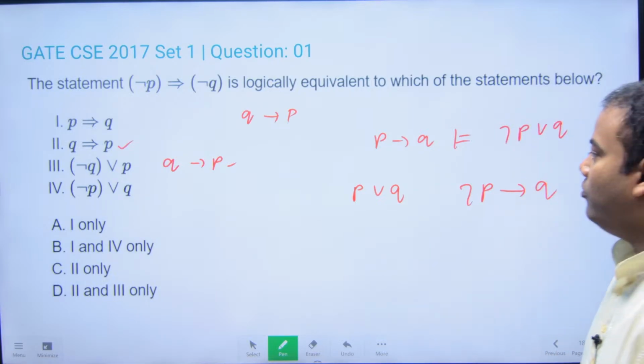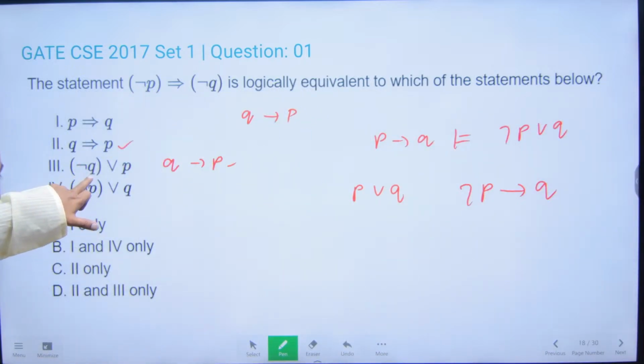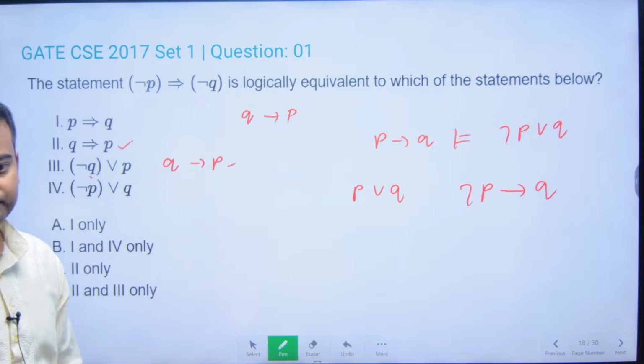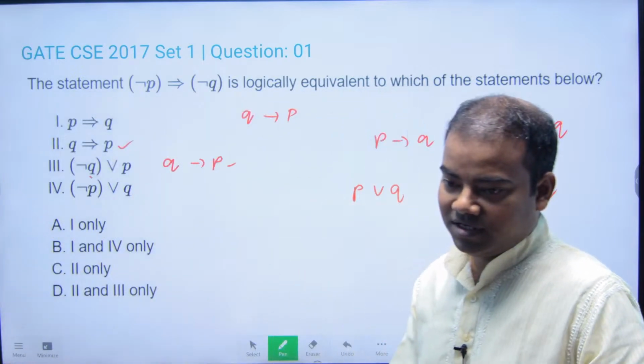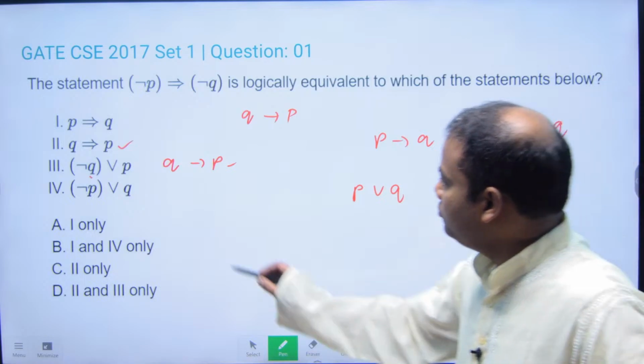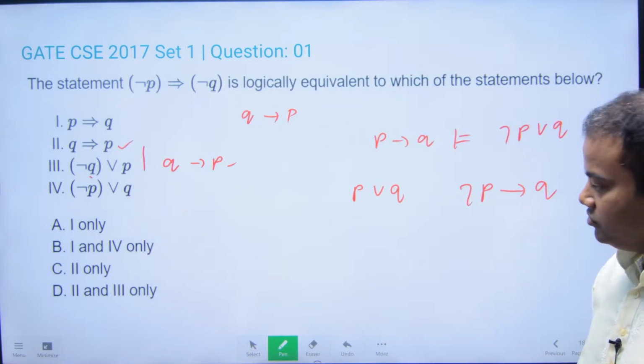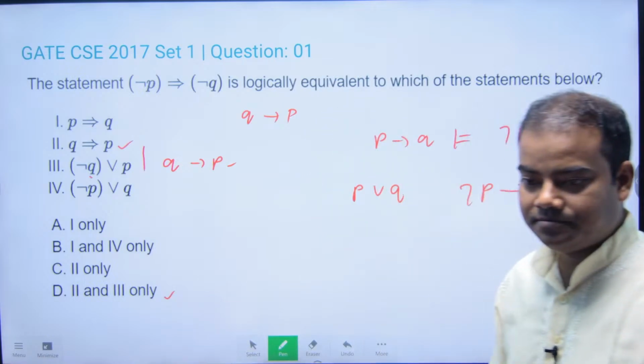Okay. So now what have I written? Not of Q is here. So not of Q means it will be Q, then P. Is it clear? So these two options are correct. So 2 and 3rd. So option D.